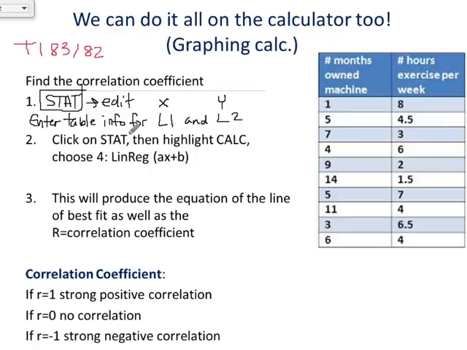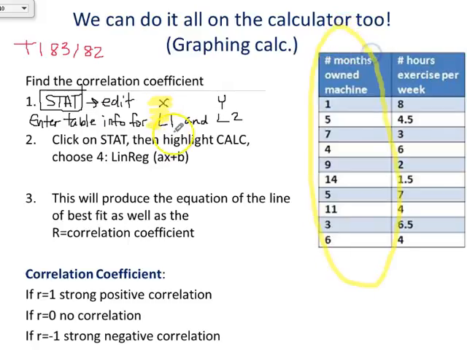So find that stat button. Don't worry about clicking the second key. Just find that stat button. Click the stat button, and the first option it's giving you is to edit. Click enter, and then you're going to see L1 and an L2. That's your list 1 and your list 2. So what you'll do then is you're going to enter in your X values right here for the number of months.